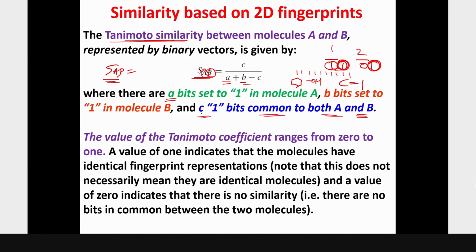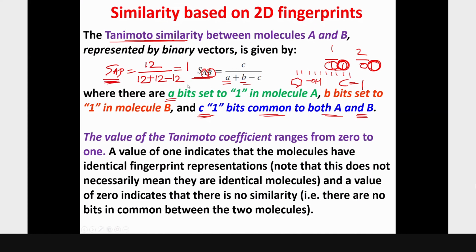So C, I said, is where both of them are matching. As they are matching, this will be 12. A, as all the fragments are present in both, so in A also there are 12, in B also there are 12, and minus C. C was your 12. So how much is it becoming? 1. Are you getting what I said? My SAB has come to 1.